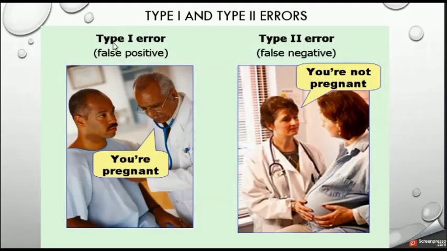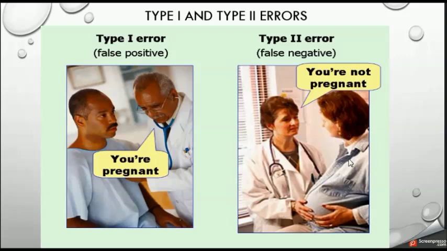Type 1 error is called a false positive conclusion. Type 2 error is called a false negative conclusion. For example, the doctor says to this man, you are pregnant, but this is impossible in fact. So he gave a false conclusion and confirmed that he is pregnant, which is completely incorrect.